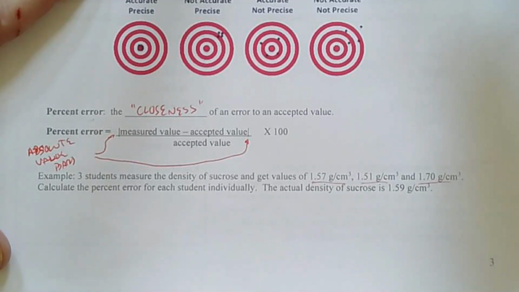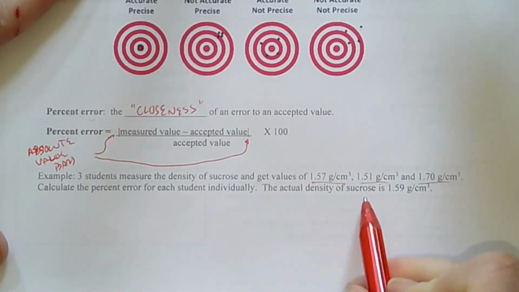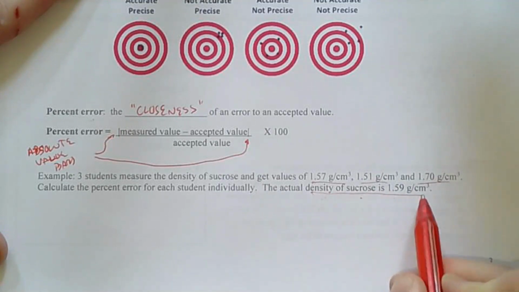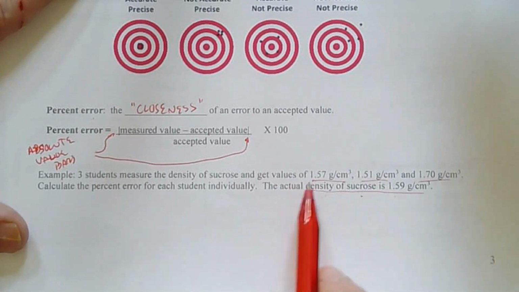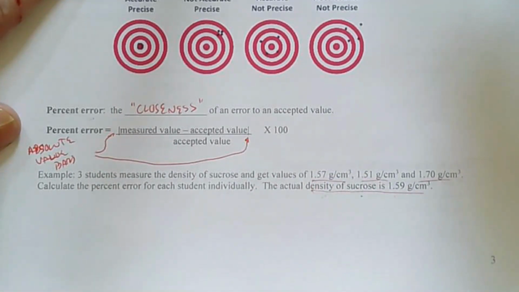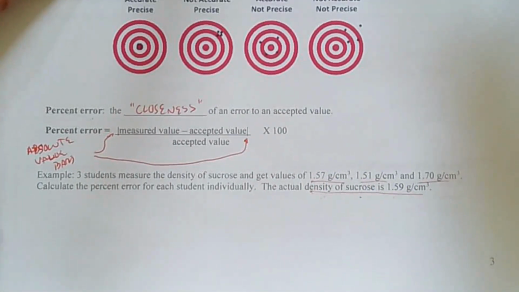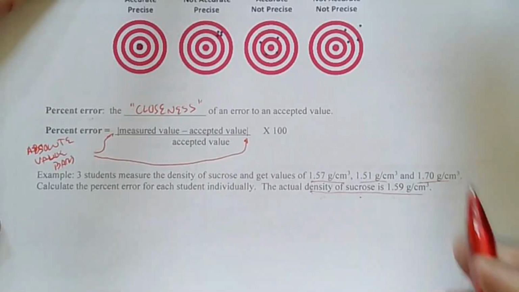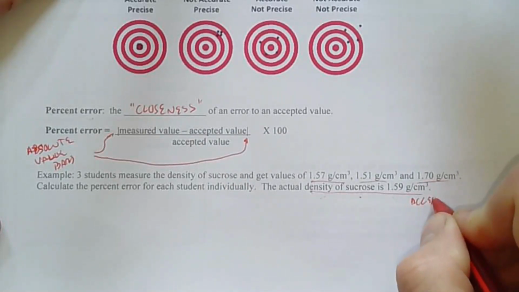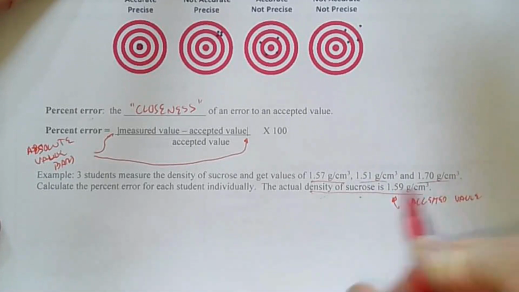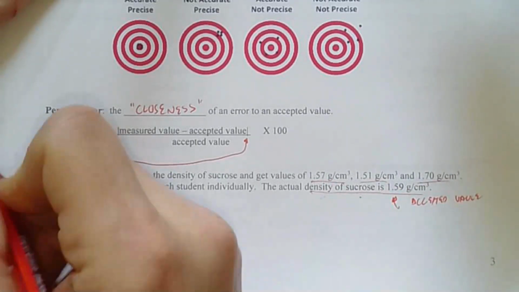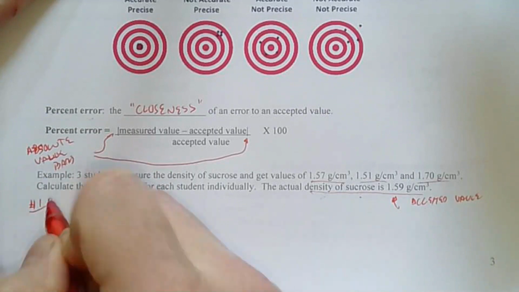The actual density is given as this, so this is our accepted value. It should be 1.59 grams per cubic centimeter, and these are the measured values. So in this formula, this is our accepted value, and these 3 are measured. We need to do this individually for each student.